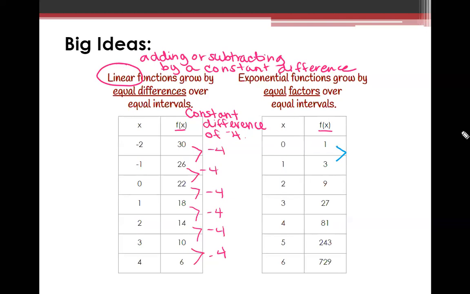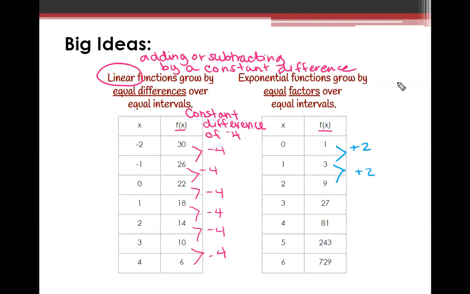But if you didn't know, the first thing I always do is look at these tables and say, okay, I'm at 1, how do I get to 3? And you could say plus 2, but does that work for the whole table? It doesn't work for the whole table. So it's not going to be plus 2 because 3 plus 2 is 5, not 9.